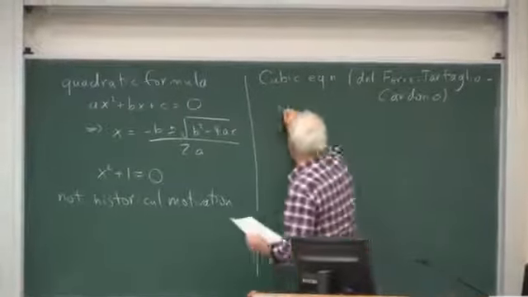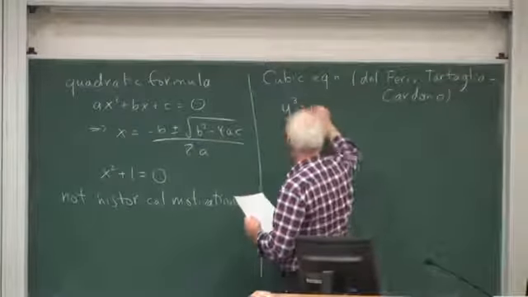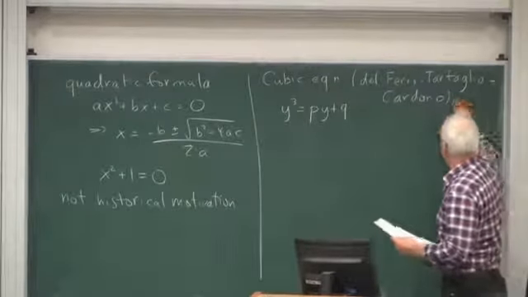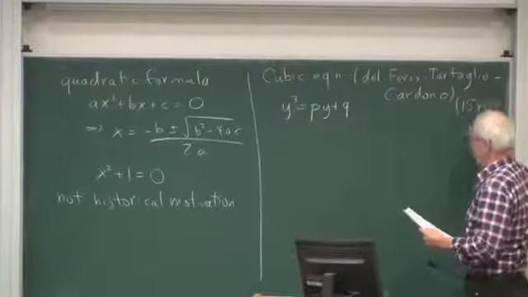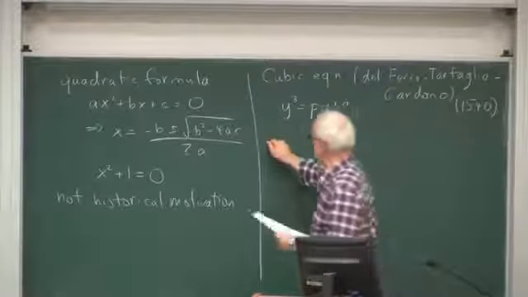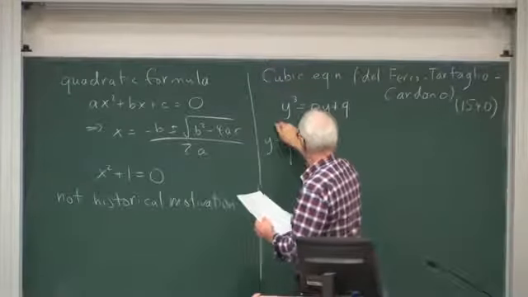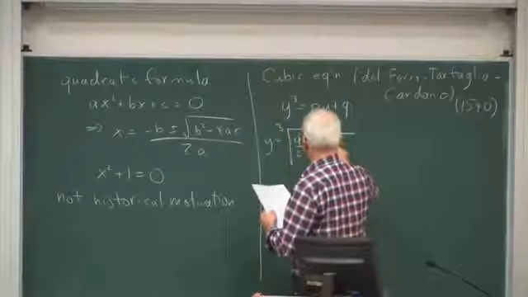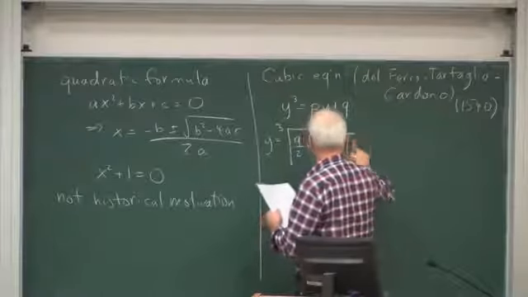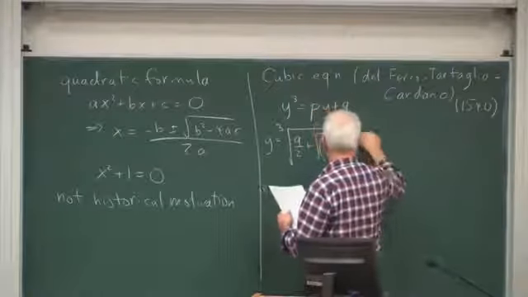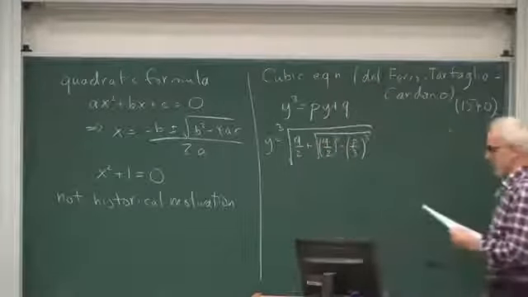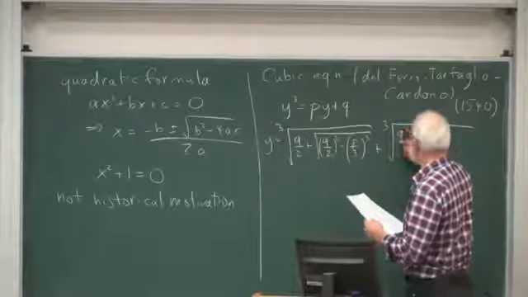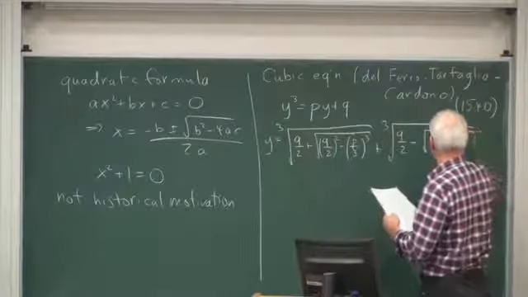That if we have, say, a simplified cubic, y cubed equals py plus q, then around 1540 or so, they came up with the formula that y is the cube root of q over 2 plus the square root of (q over 2) squared minus (p over 3) cubed, plus the cube root of the same kind of thing with a minus sign here.